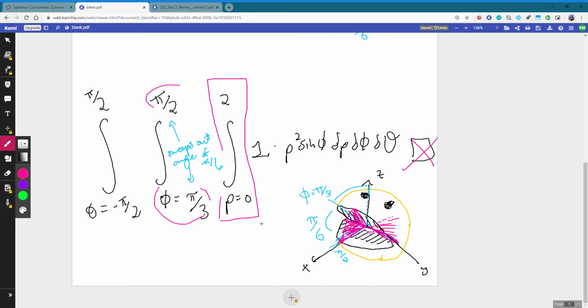And perhaps, as I think about it now, maybe the 0 to 2 for rho is okay. I think the main issue here is that the phis we want to use depend on what theta we're looking at.